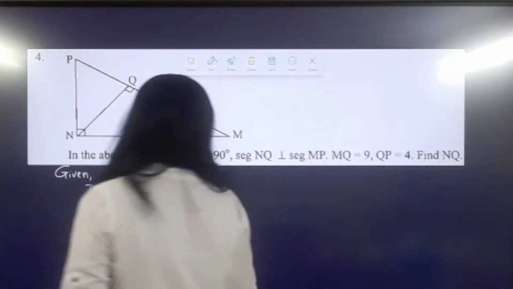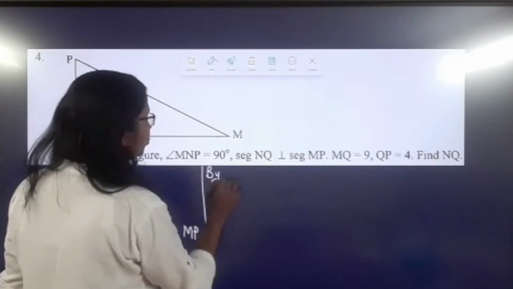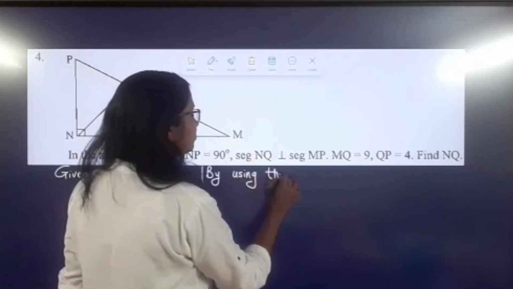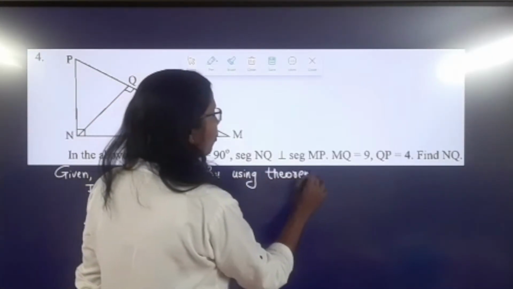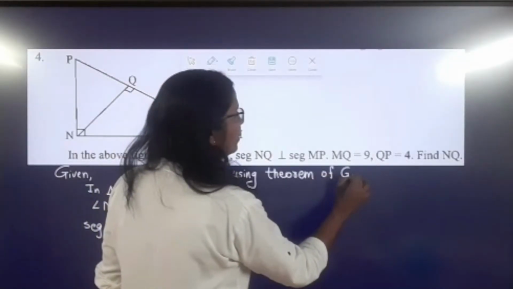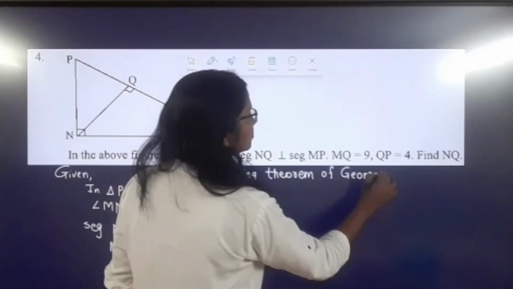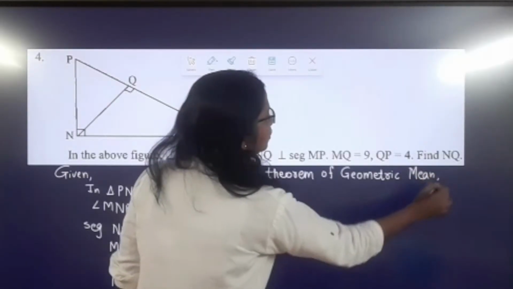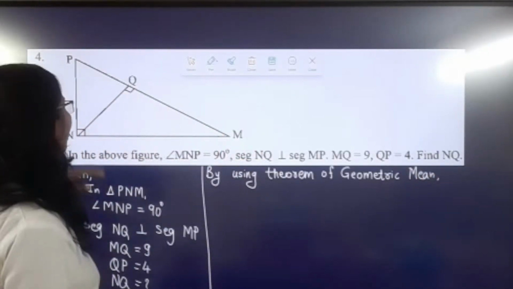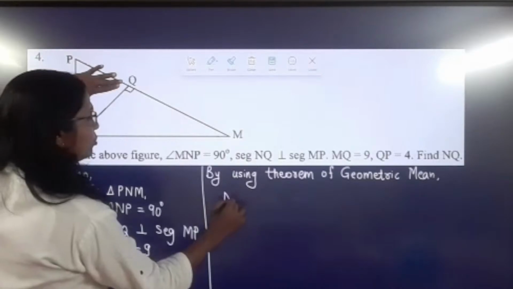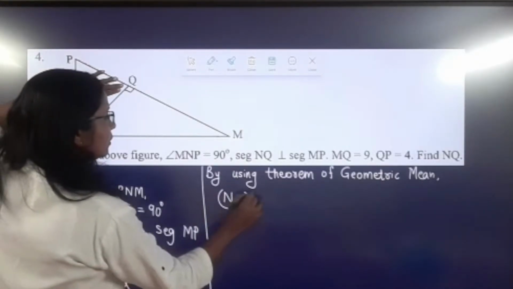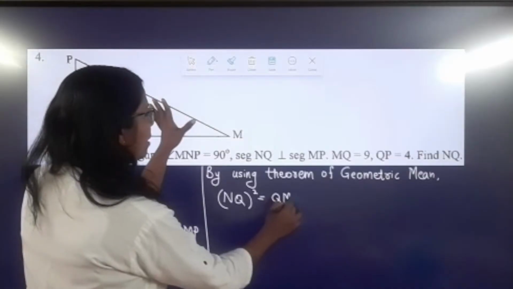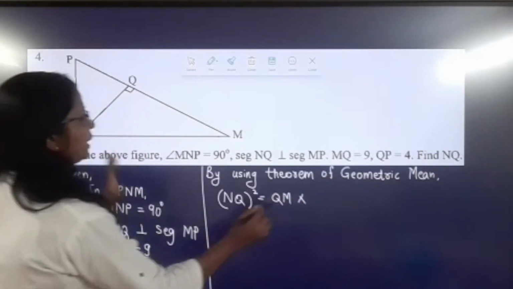So now I write first, by using theorem of geometric mean. So what is that formula? We get the formula NQ square is equal to QM multiply QP.